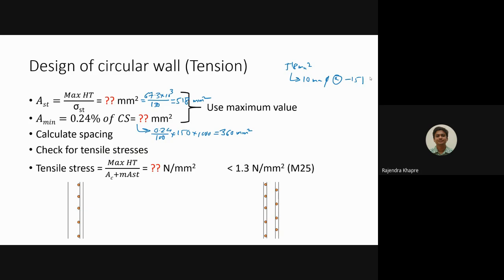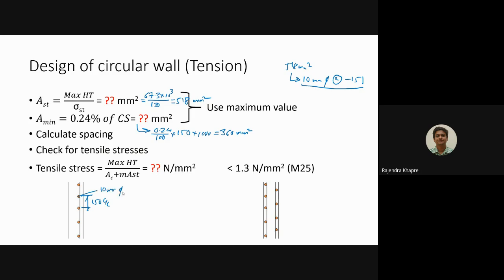Okay, so what you can do is there is one way of giving the steel. You can go for 10 dia bars at 150 center to center in this pattern. Okay, so this will be your 150 center to center and this will be 10 dia bars.